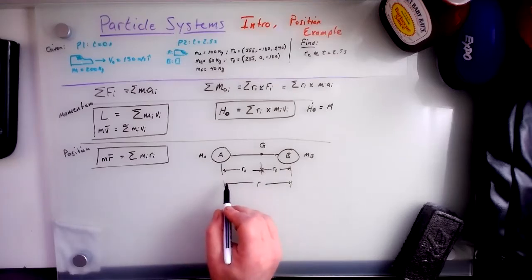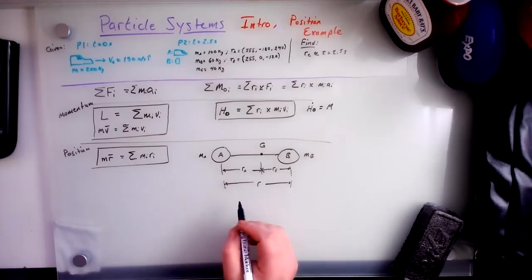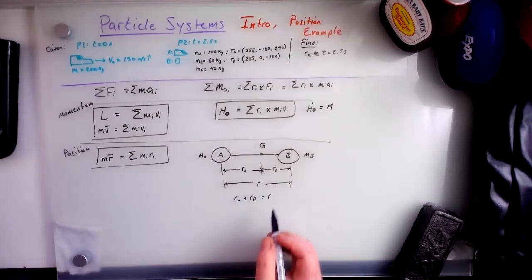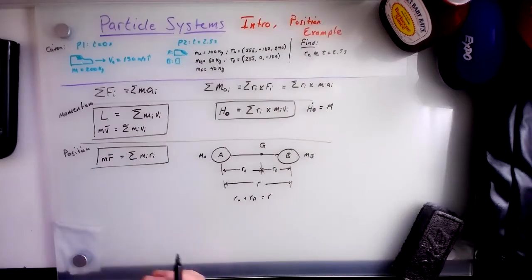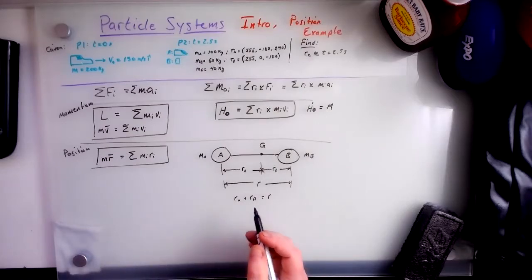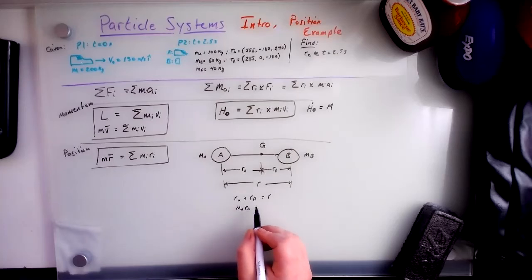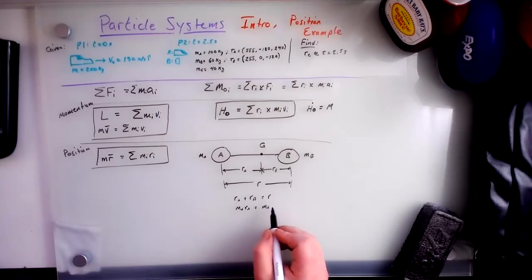Right, so clearly r_A plus r_B equals r. We know that. And also from the moment analysis, we can find that m_A r_A equals, excuse me, m_B r_B.